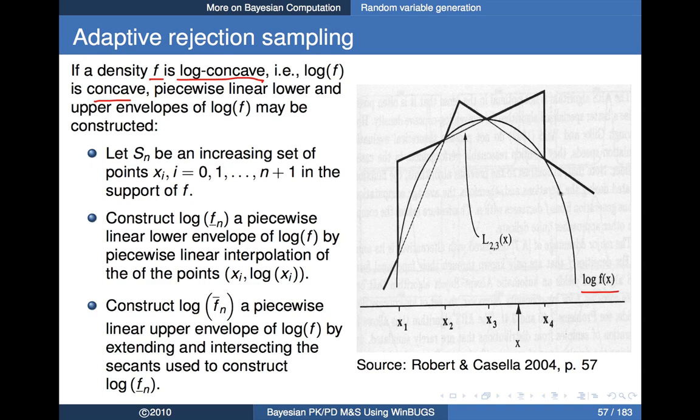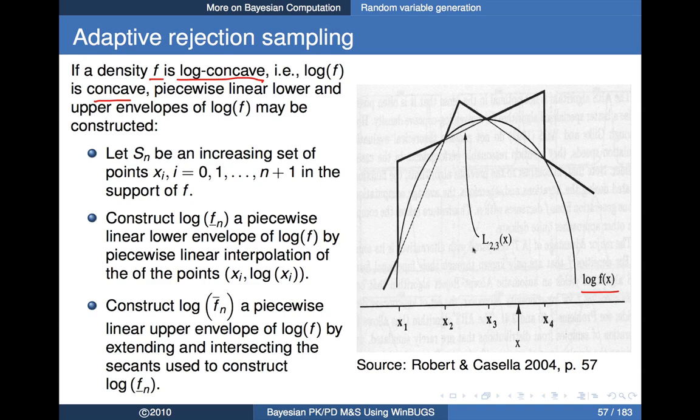Now, if it's concave, then if I pick a sequence of points along here and connect the dots, that piecewise linear curve you construct will all be enclosed under that curved function. If it's not concave, that won't be true.